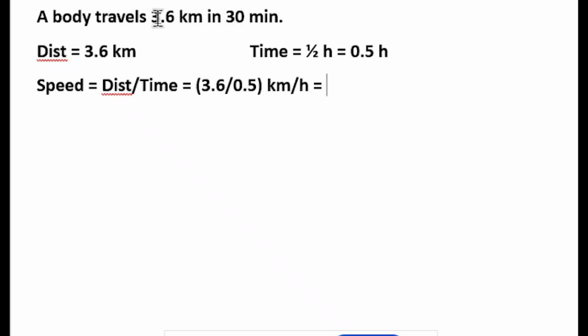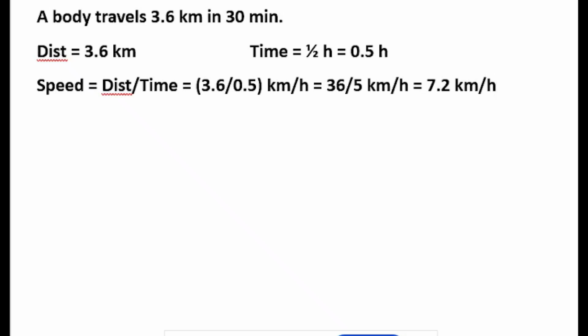So multiply by 10, that will become 36, and here also multiply by 10, 0.5 into 10 is 5. So 36 by 5 kilometers per hour. You can check, that will give you 7.2 kilometers per hour.